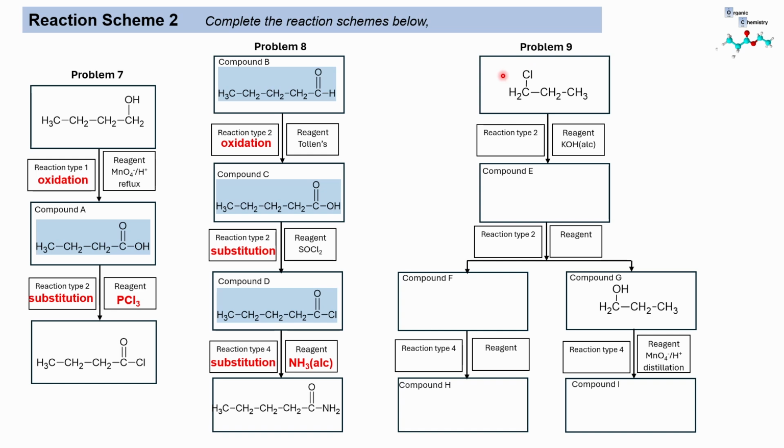If we think about this here, it makes sense if we carry out an elimination reaction. And actually the reagent here, potassium hydroxide dissolved in alcohol, will carry out an elimination reaction of a haloalkane, and it will turn it into an alkene. So this is an elimination reaction.